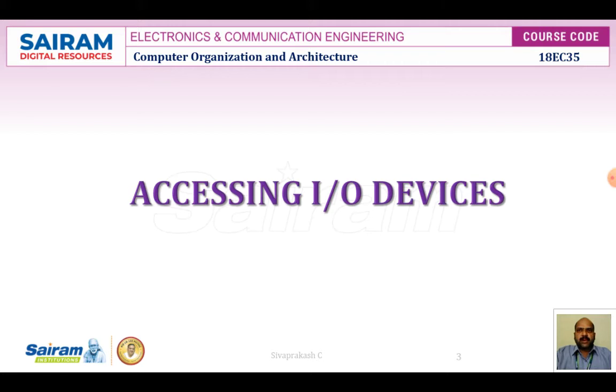When a processor places an address on the address line, the intended device responds to the command. The processor requests either a read or a write operation, and the requested data can be transferred over the data line. This is called accessing of IO devices.